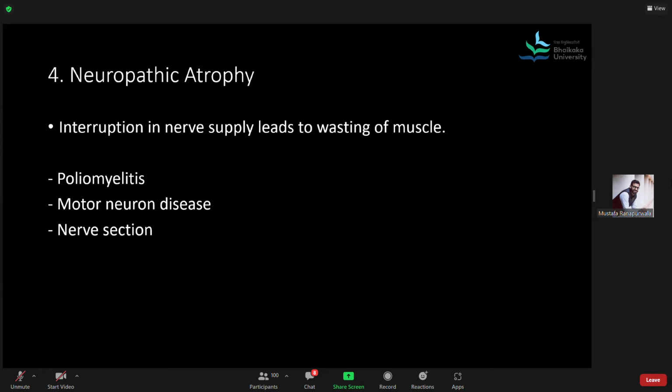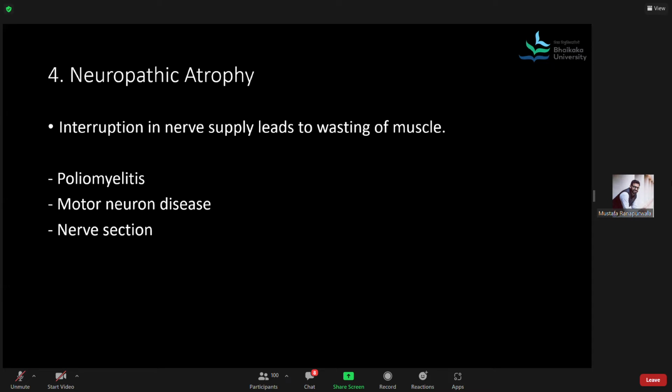Why? Because these nerve impulses are what keep your muscles going, right? And in the absence of impulses, because of various reasons, the muscles think that their utility is gone, right? And therefore they start undergoing atrophy.